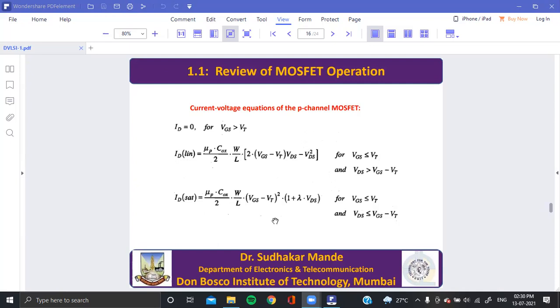Because of that, the MOSFET enters into the saturation region. That effect is called channel length modulation, and because of that, 1 plus lambda VDS is added.